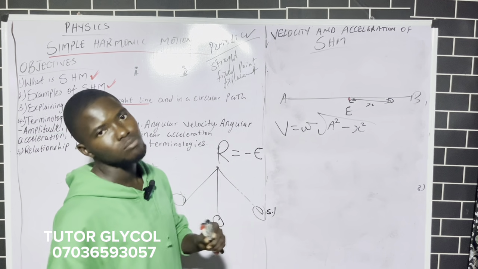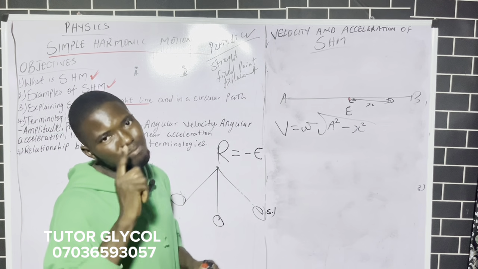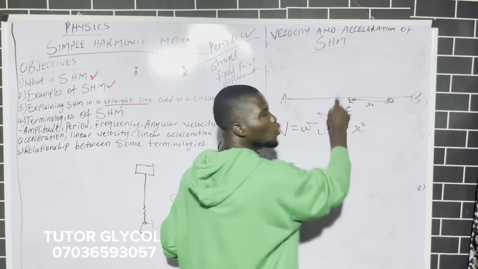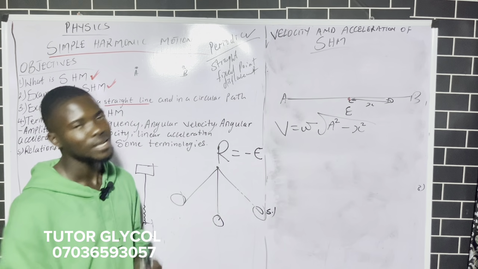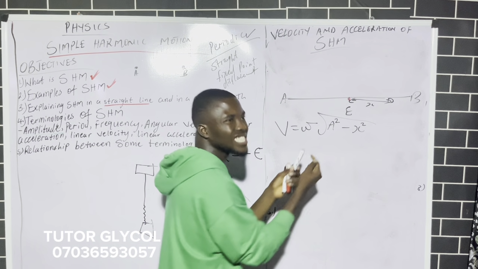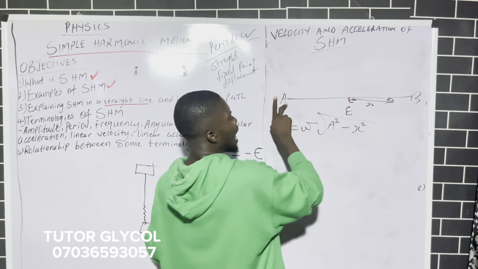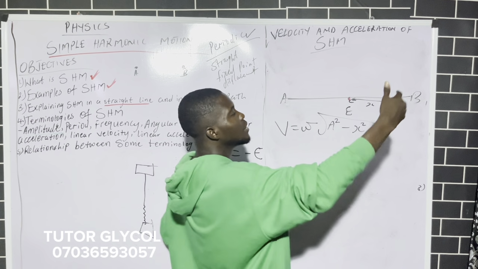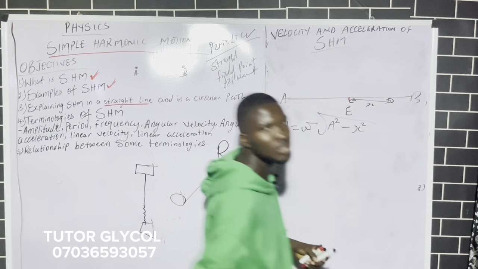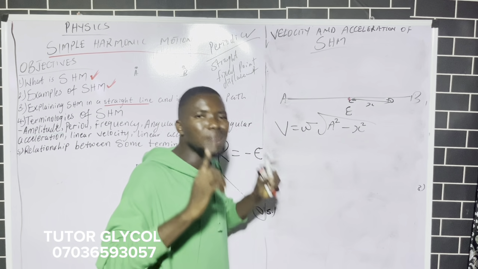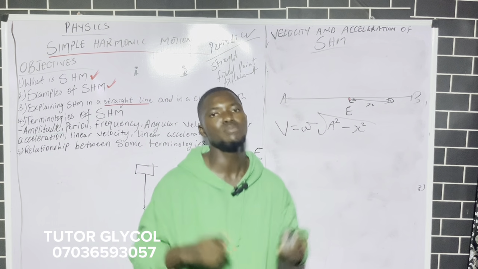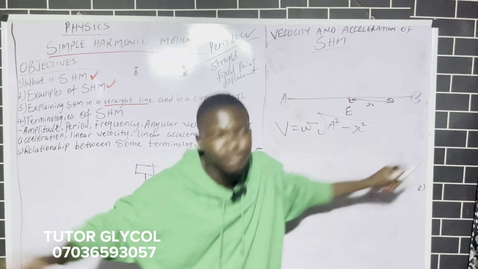In simple harmonic motion, the velocity is maximum when it is coming towards the center. Please don't forget that. When the object is coming towards the center, the velocity is increasing. So if it's here, as it's moving towards the center, it will be increasing. Once it passes the center, it will be reducing. So velocity is maximum at the center, but minimum at the extreme.